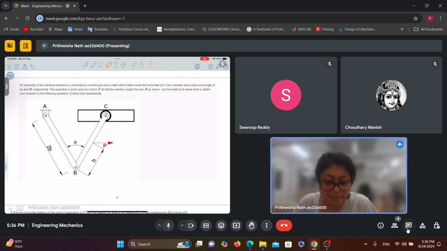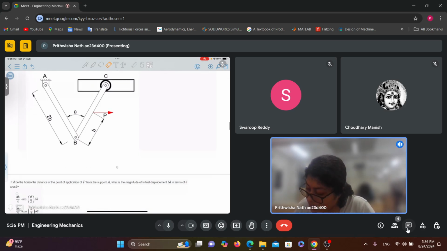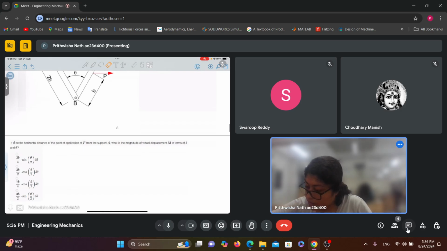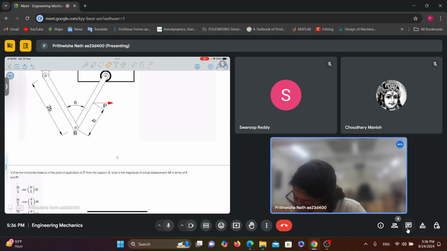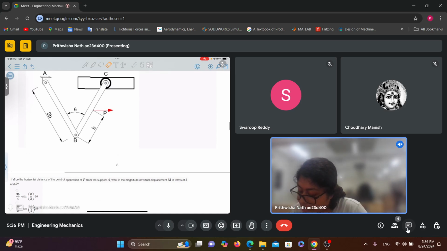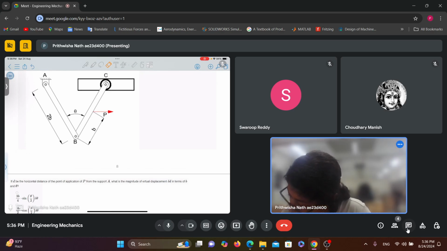Could you solve this problem? So this is the question. If D is the horizontal distance of the point of application of P from the support A, what is the magnitude of virtual displacement delta D in terms of B?